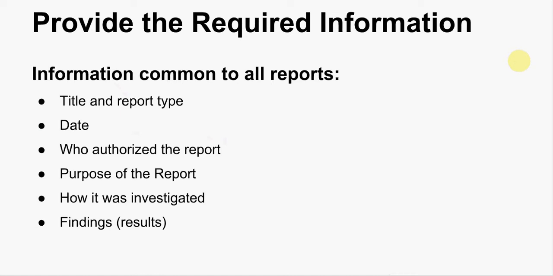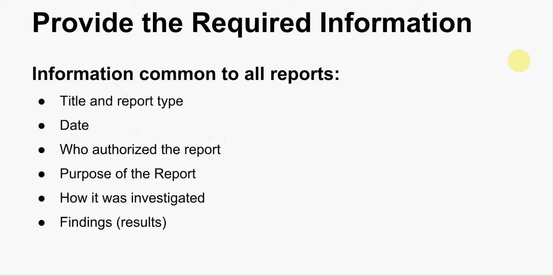And of course, the findings. This is obviously the main thing in a report. What did you find? If it's a testing report like we saw in the earlier example, it has to give tables and whatever statistics come out of it, of what findings resulted. If it's a report about an accident or anything of that sort, you have to share the findings of what you saw and what was observed and what came out of the investigation.